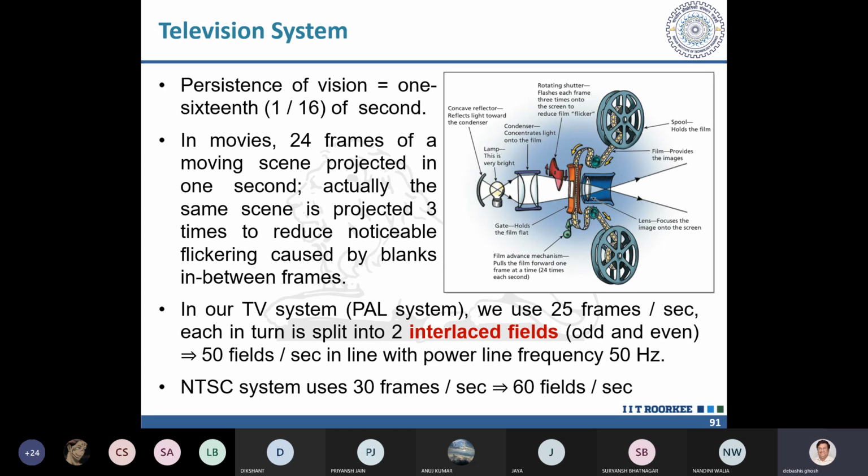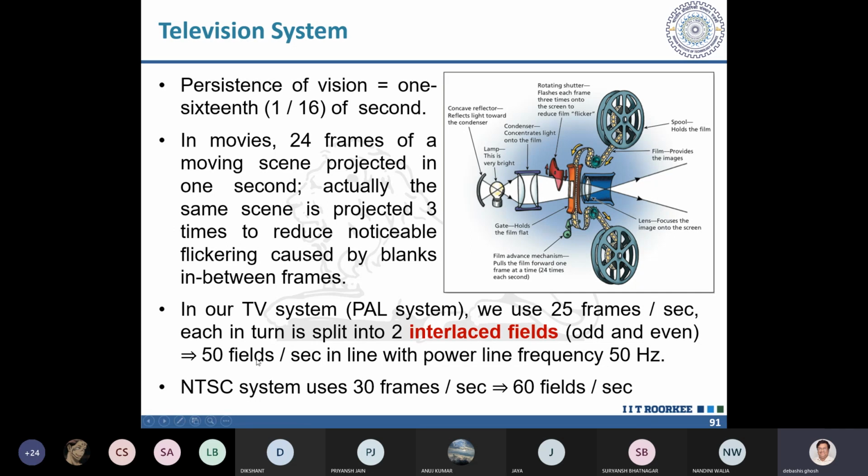Now the reason for taking 25 frames, or 25 times 2, so 50 fields, is our power line frequency. You know the electricity that comes to your house is 50 hertz.